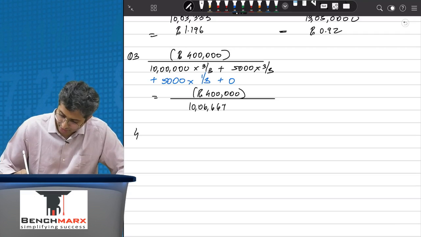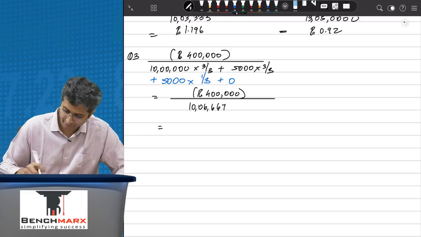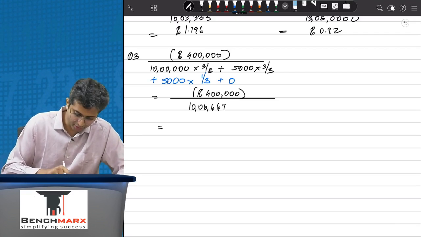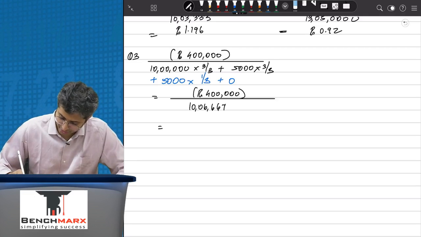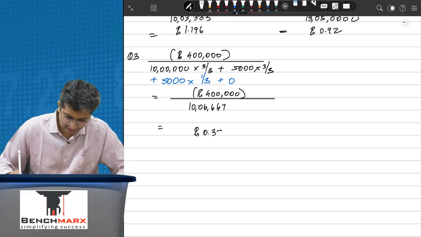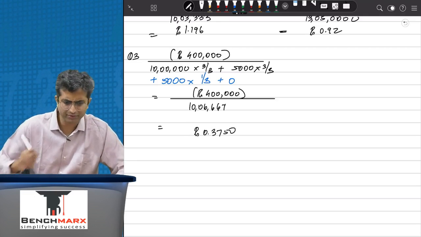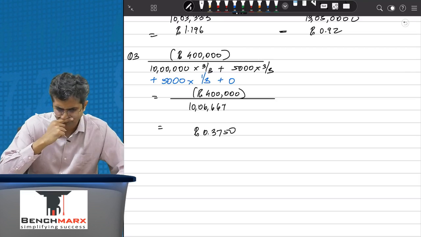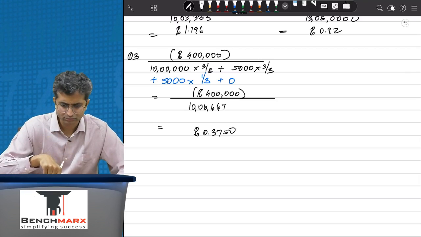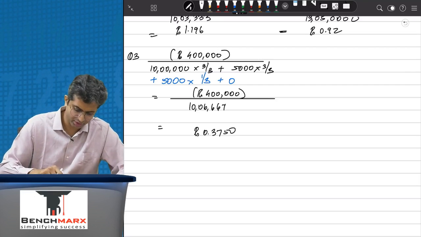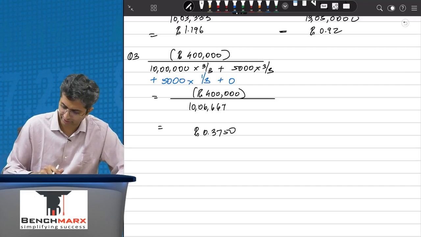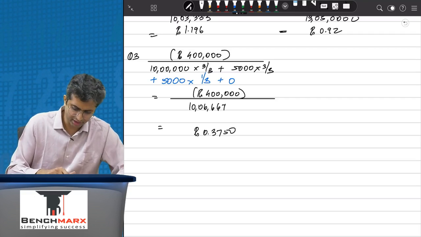which will give you, let us say, 4 lakhs negative upon 10 lakh 6,667, which is I guess a negative rupees 0.3750 if I'm not wrong. Let's say 5,000 into 1 by 3, which will be 1667 plus 10 lakh 5,000.